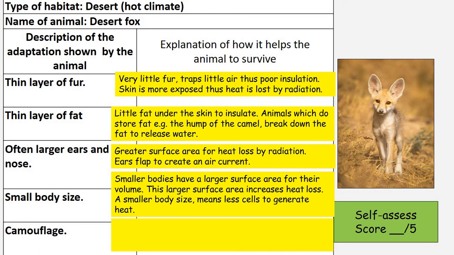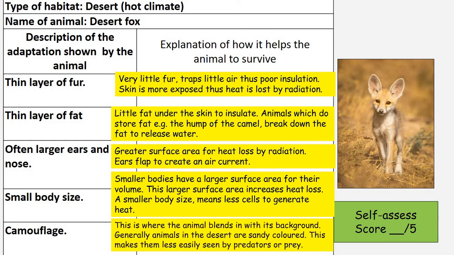Smaller bodies, long, slender limbs as well. That means, relatively speaking, they're going to have a larger surface area to volume ratio to increase the heat loss, as well as less mass to generate that heat by respiration. And of course, camouflage as well. This is where the animal blends in with the background, and is less easily seen by predators and prey.